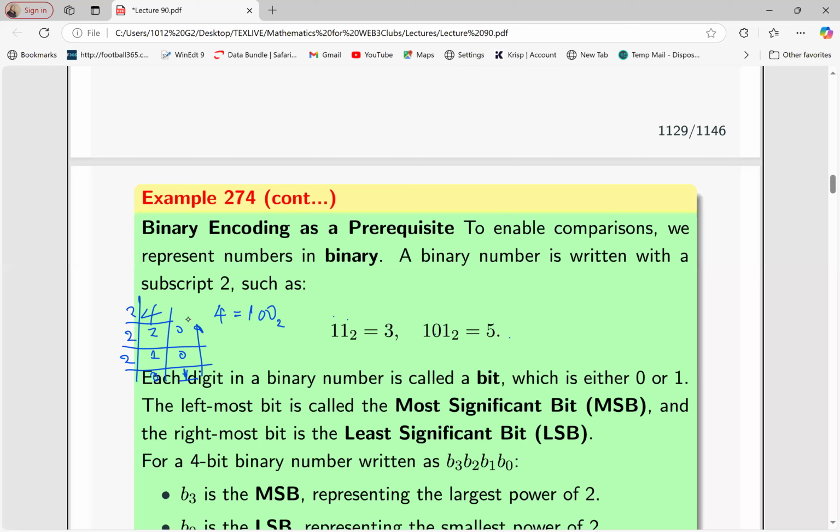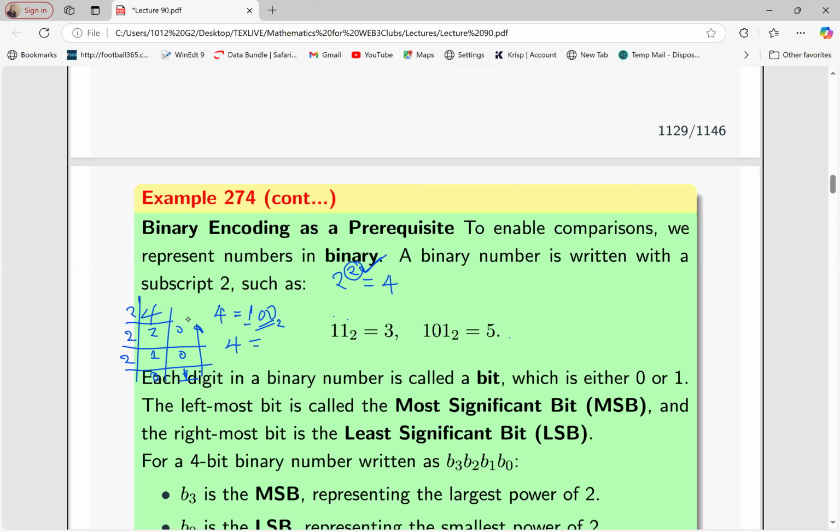Now, there's something I wanted us to look at. 4 is 2 raised to 2. And so you can see 2 zeros because of this power. And then 1.